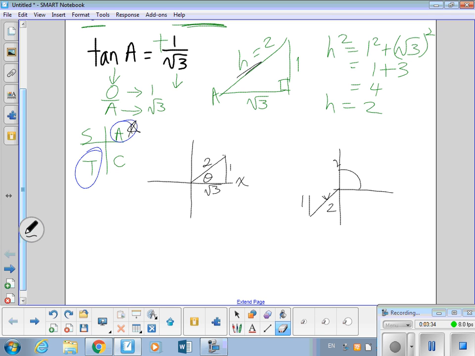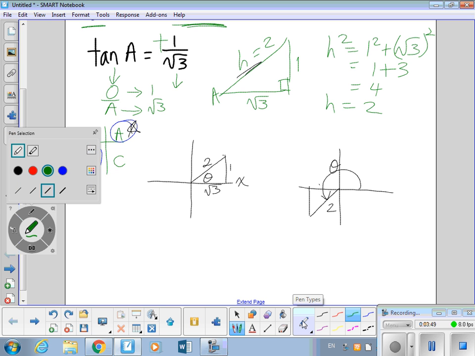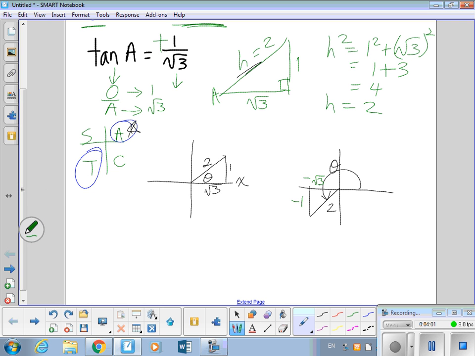But my problem is, when I'm in this quadrant, both the x and the y are negative. So that's what I have to put here. So this is a negative 1 and a negative square root 3. Okay, so that has my triangles drawn.